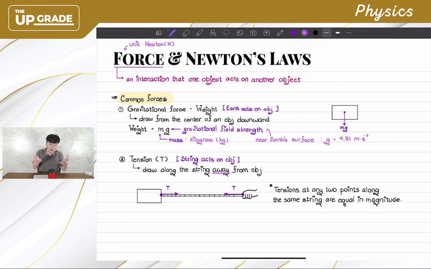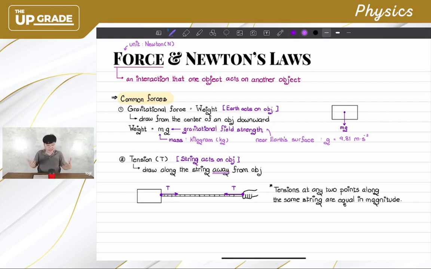So coming back to the weight, the weight is actually a force, so your weight is actually given in Newton. For example, when someone asks me how much is my weight, I should not answer in kilogram. If I answer, let's say 70 kilogram, that is actually the mass, not the weight. The weight should be 70 times 9.81. So whatever that number is in Newton, that is truly my weight.